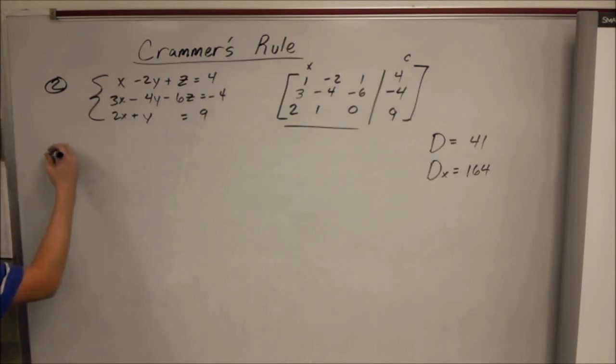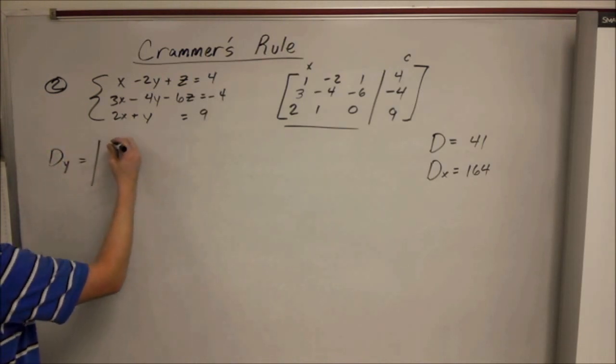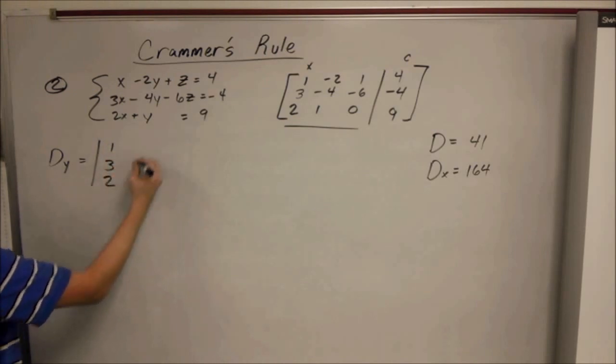For dy, take your original matrix and replace the y column with the constant column.